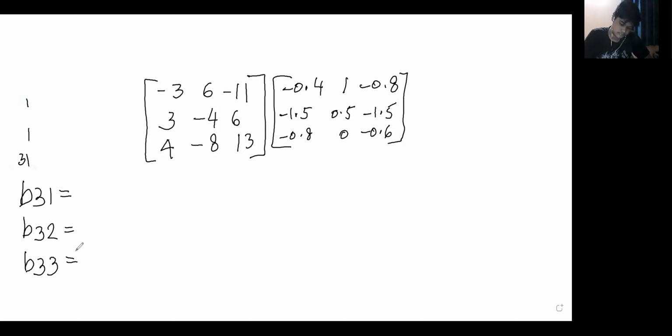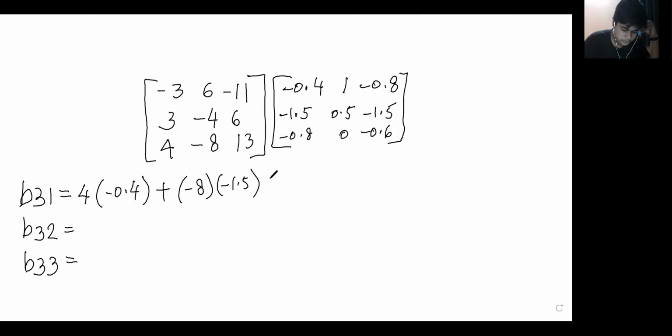So B31. How will you do B31? 4 into minus 0.4, plus minus 8 into minus 1.5, plus 13 into minus 0.2. How much is that?